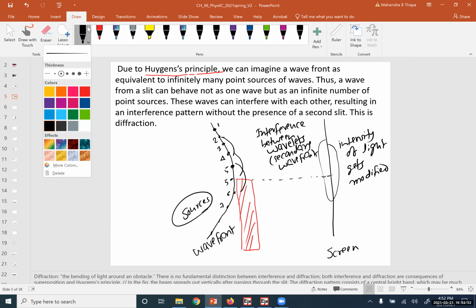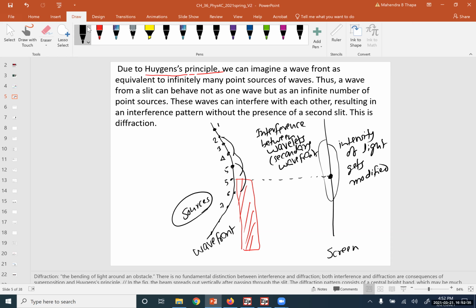As before, we can see a band of light: this region is bright, this region is dark, this region is bright, this region is dark. So this diffraction phenomenon is because of the interference between the wavelets from the single wavefront. In actual sense, interference and diffraction go together.